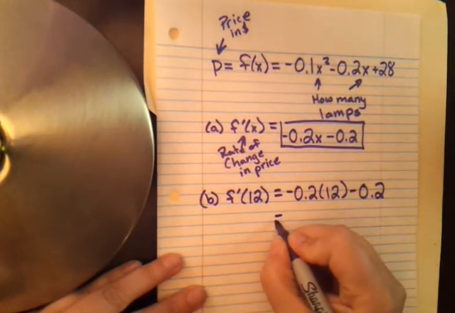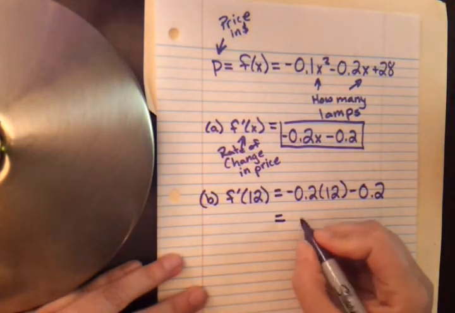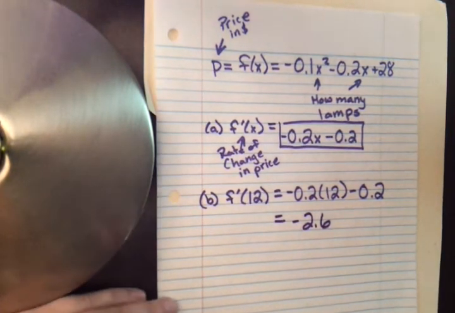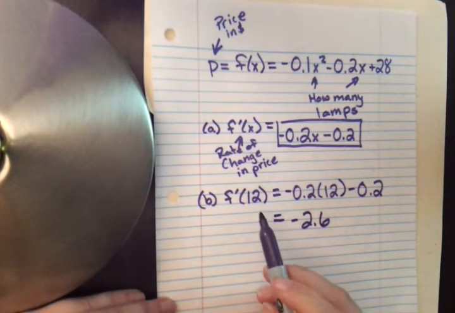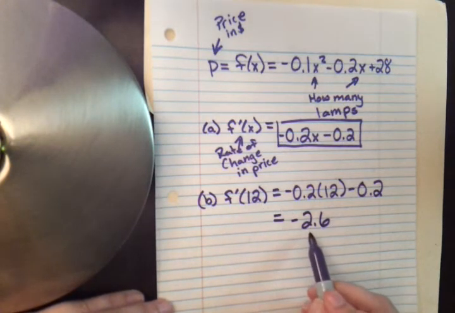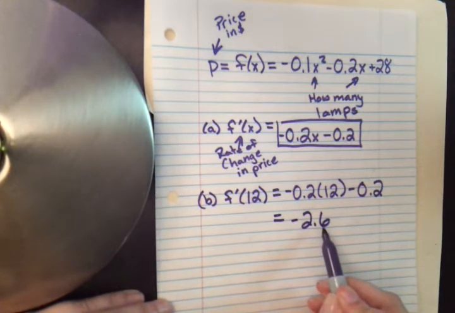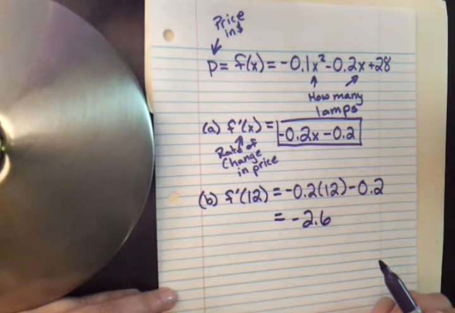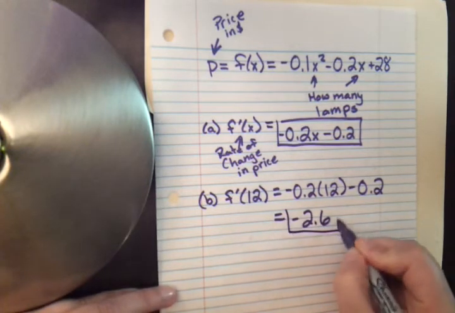Either do it in your head or plug it into your calculator, but here it says that when they have a demand of 12,000 lamps, the rate of change in their unit price is going to go down $2.6 per 1,000 lamps. So that is the answer for part B.